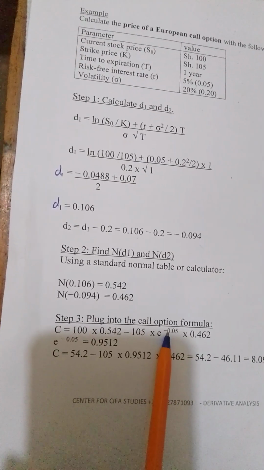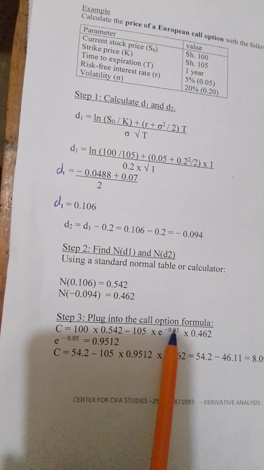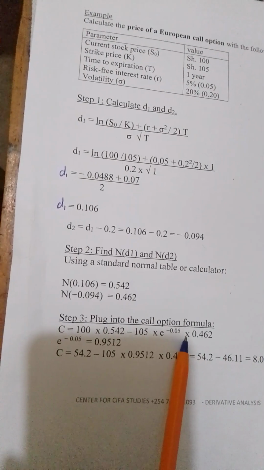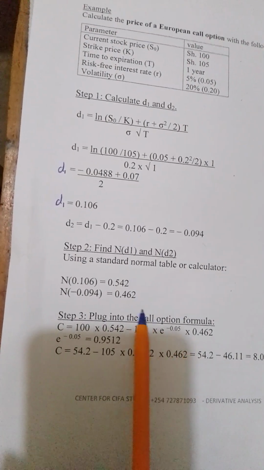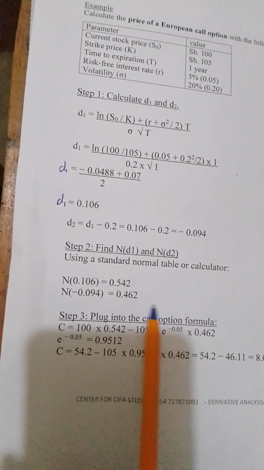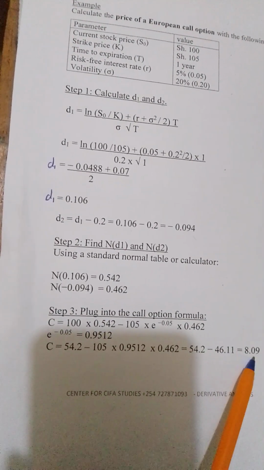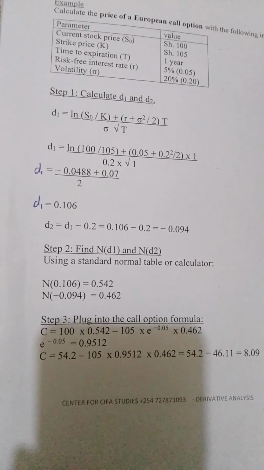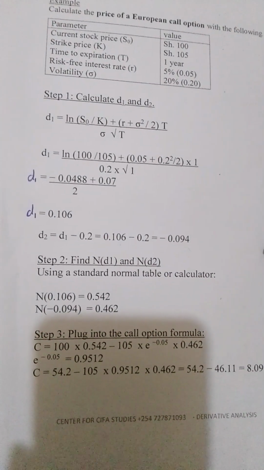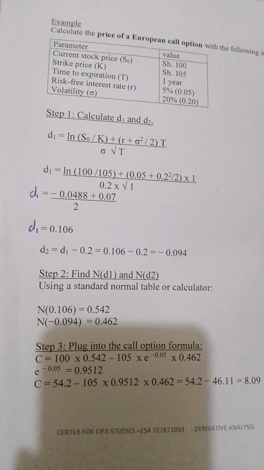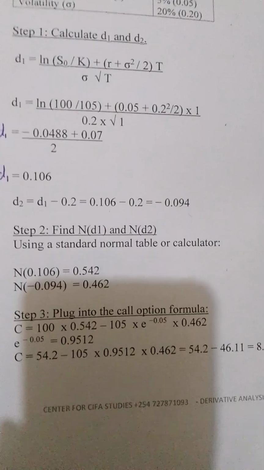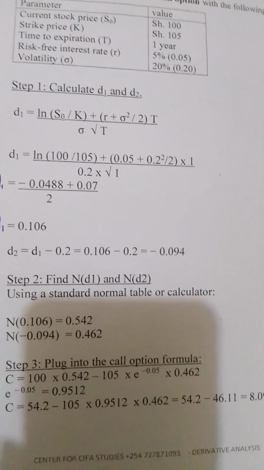Rate is 5%, 0.05 negative, times ND2. ND2 is here. You work out that, you get shillings 8. So we have calculated our C as shillings 8 in that particular question. Right, that is how we go about that.